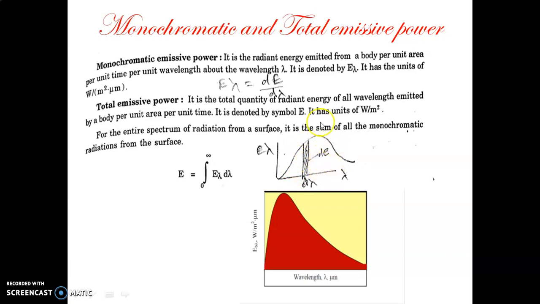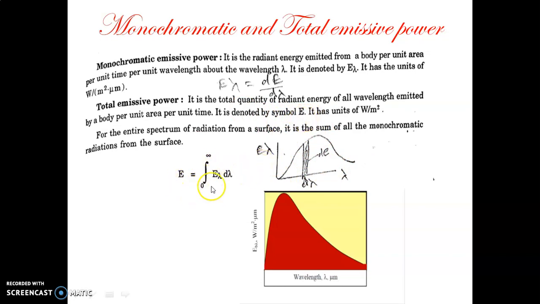If we specify the emissive power for a particular wavelength, it is called monochromatic, and if we specify the total radiant energy emitted by that body, it is called total emissive power. In total emissive power the wavelengths vary from 0 to infinity. That is called the total, and it is denoted by E.